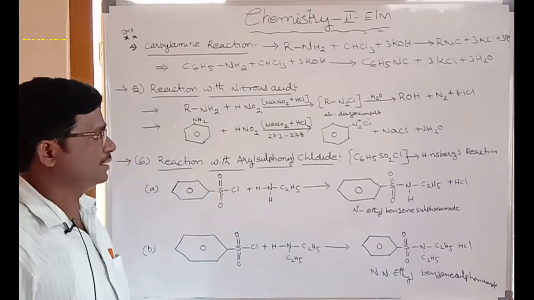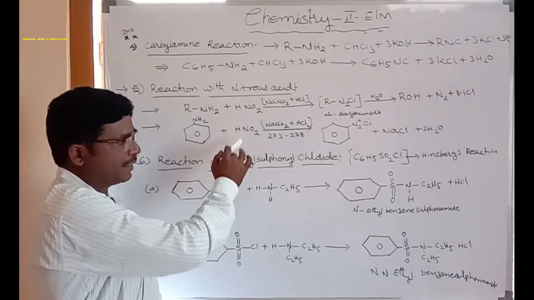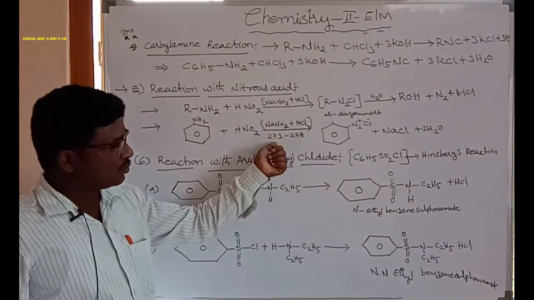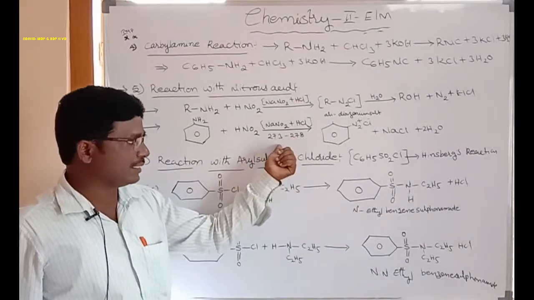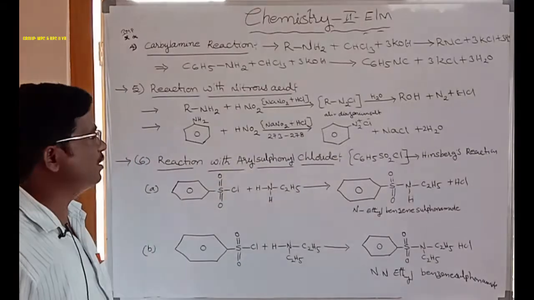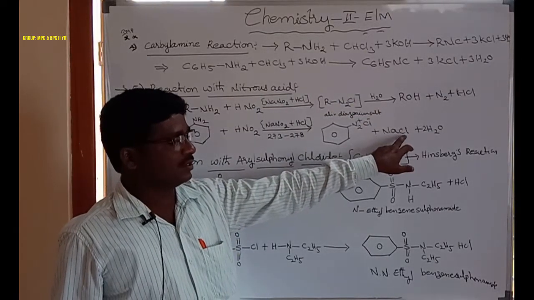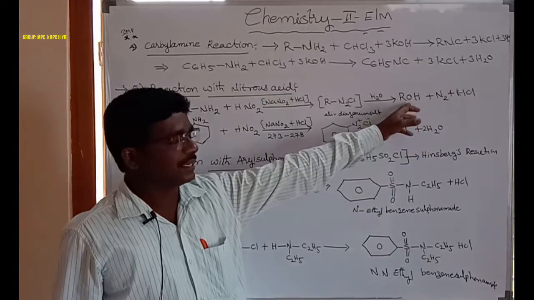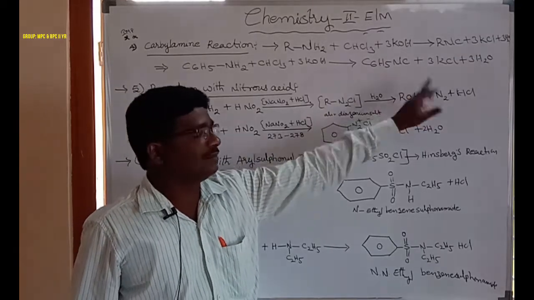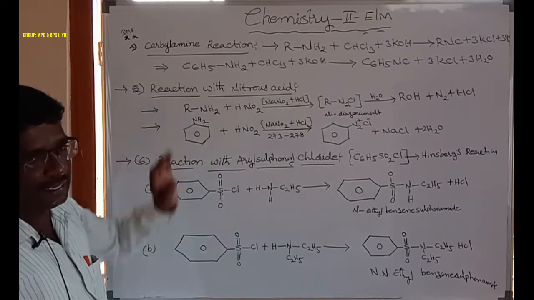Aromatic amines treated with nitrous acid at a low temperature, 273 to 278 Kelvin, form benzene diazonium chloride, liberating sodium chloride and water. The aliphatic case forms alcohols, liberating nitrogen gas.